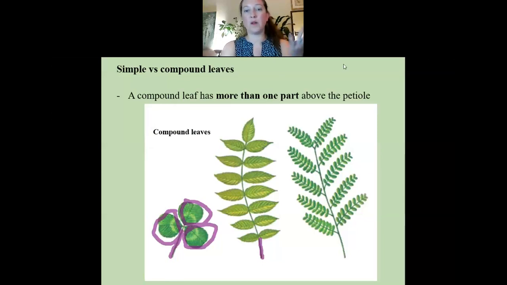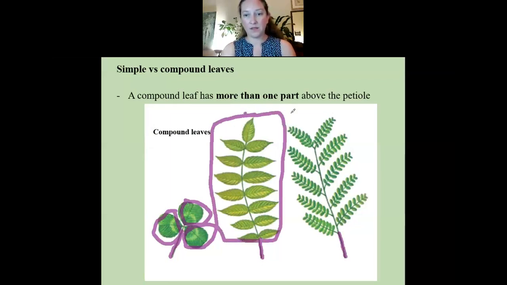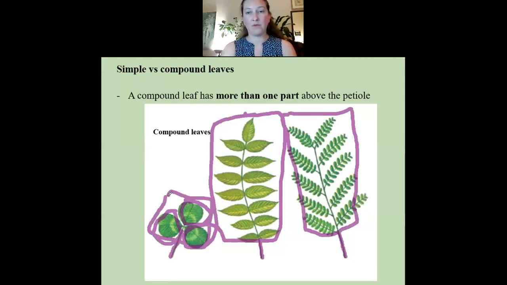And this one here is similar. This is still one leaf. Here's the petiole. And even for compound leaves, we say this is the blade or the lamina of this compound leaf.